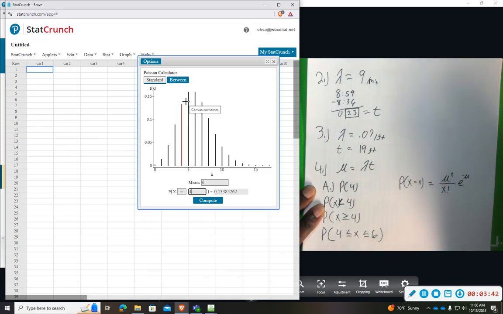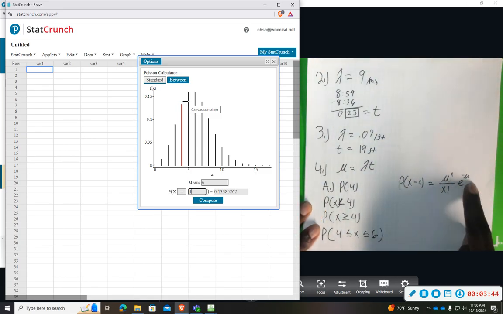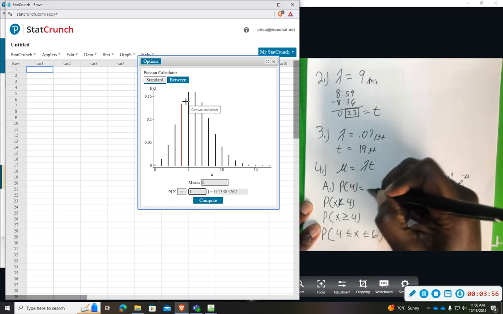So the computer is doing all of this for you and plugging it in, and we get to 4 decimal places, 0.1338, but the 5 after the 8 will round up to a 9.